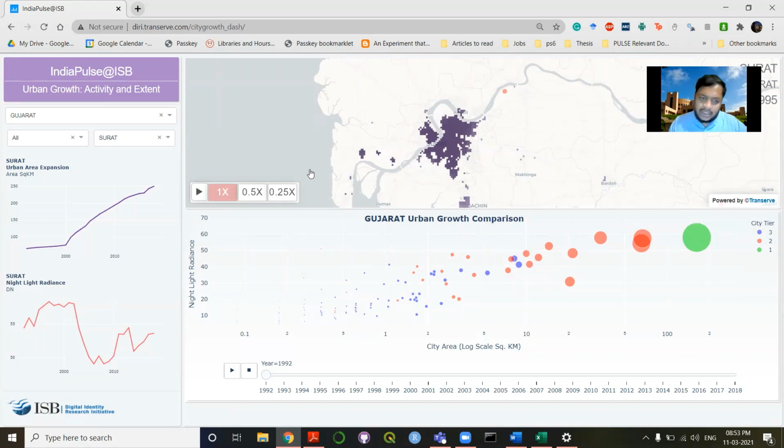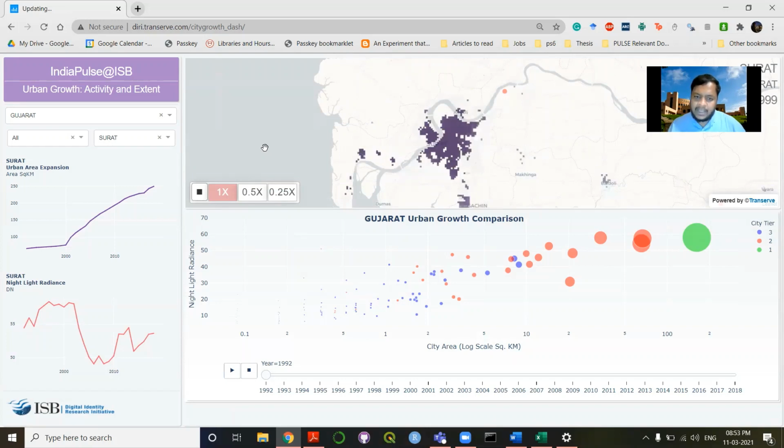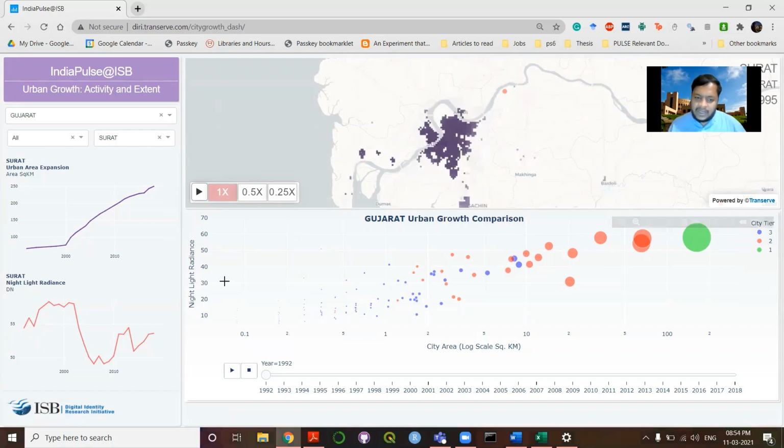We have the case of Surat here, which you can see has grown rapidly over the last 10 years. The urban extent to which it has grown can be seen through this simulation. On the visualization below it, you actually have the clusters of all urban areas in Gujarat for comparison.